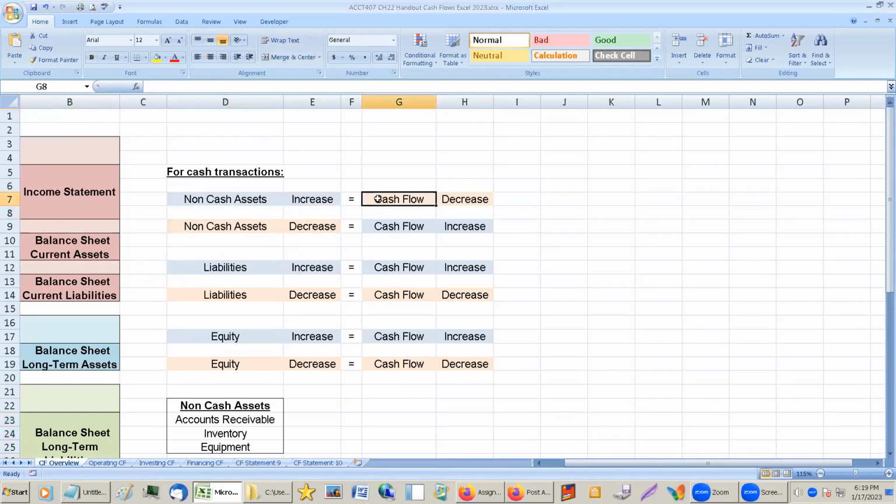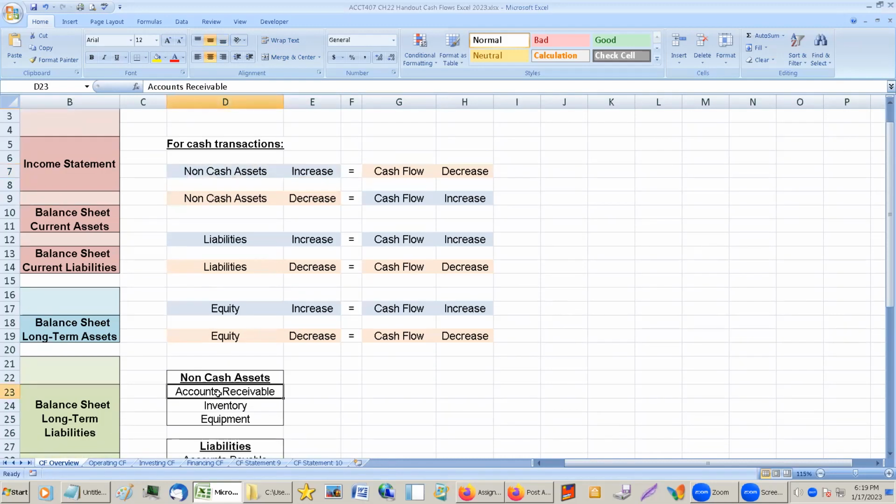One of the things is what increases and decreases cash flows, and this is for non-cash assets, things like accounts receivable, inventory, equipment, buildings, property, any asset that's not cash. If they increase, cash flow must decrease.